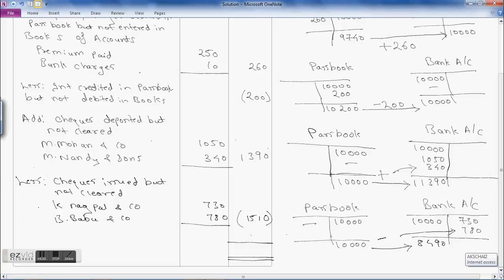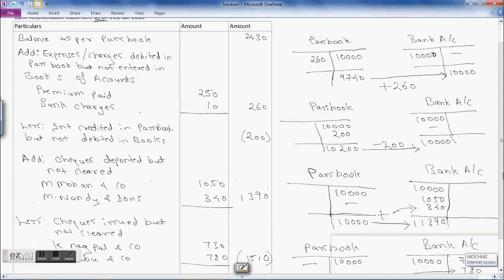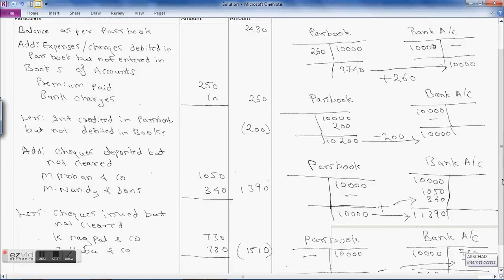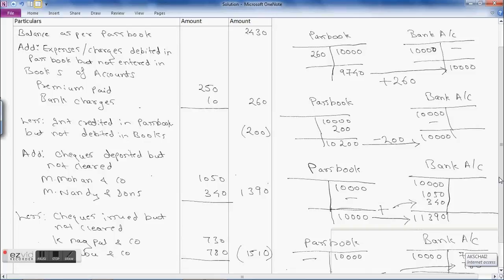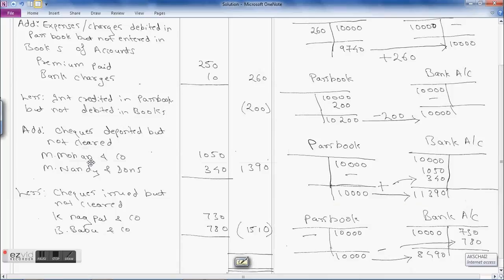Now let's calculate the amount. How much is it? 2430 plus 260 minus 200 plus 1390 minus 1510. Okay, now let's see how much it comes to.